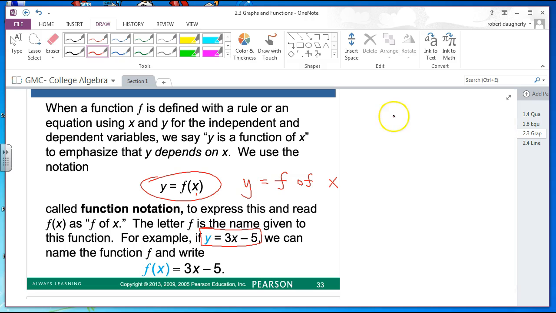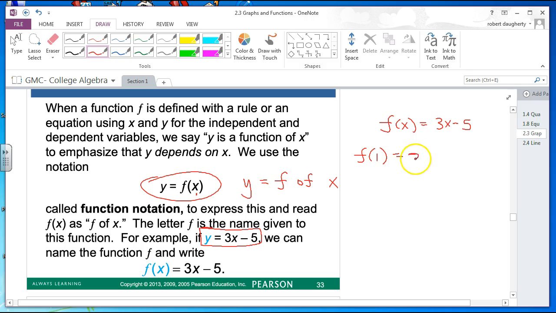So we're going to say f of x is equal to 3x minus 5. That means if you give me an x, what f is going to do is give you back 3x minus 5. So f of 1 means substitute a 1 in for x.